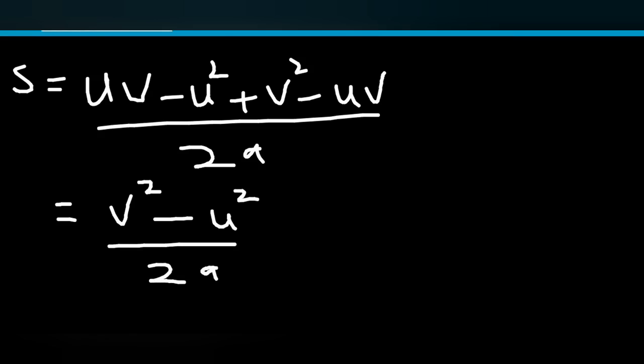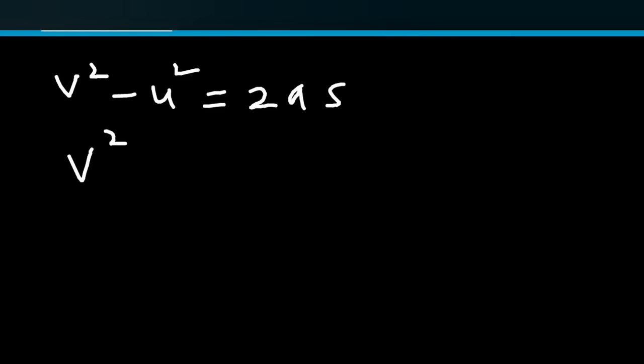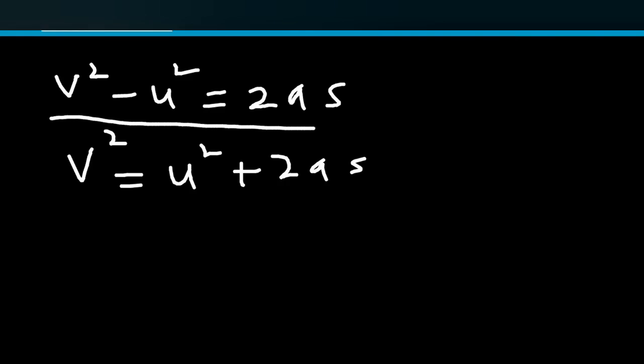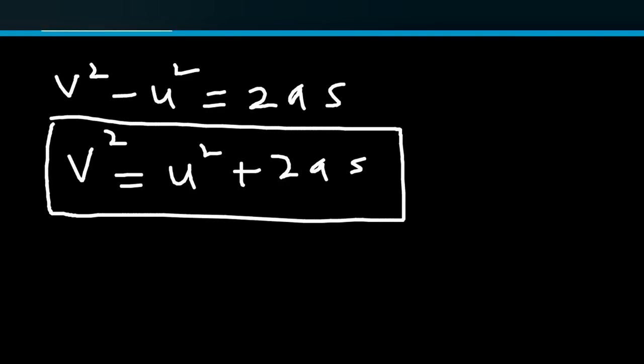And cross multiplying, we shall have that v squared minus u squared will be equal to 2as. And if we rearrange, we have that v squared equals u squared plus 2as. And this gives the fourth equation of motion.